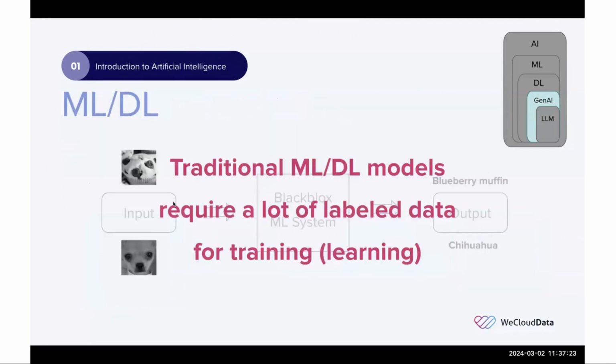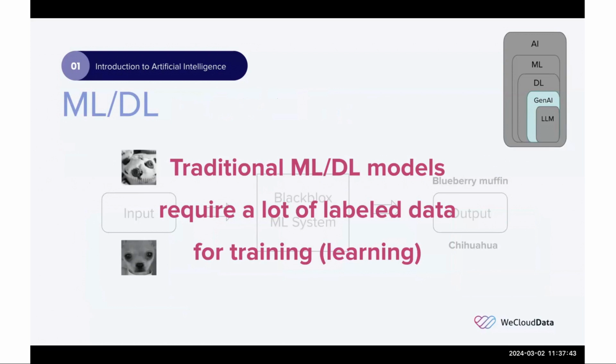So the question is, traditional machine learning and deep learning models require a lot of labeled data for training. We feed images, such as blueberry muffin and chihuahua images, into the system. But these images require labels or annotation, right?